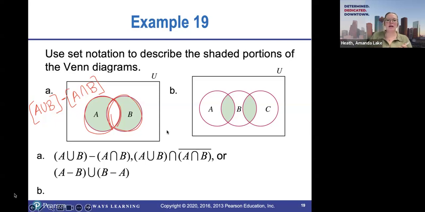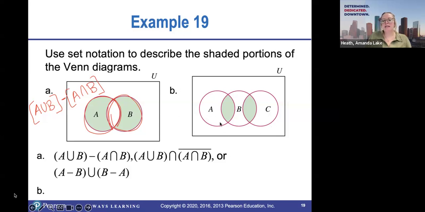So the first way that our textbook writes it is the way I wrote it, but then you see we also have, if we take the union of A and B and intersect it with the complement of the intersection of A and B, or if we subtract B from A and union that with subtracting A from B, that would also work.